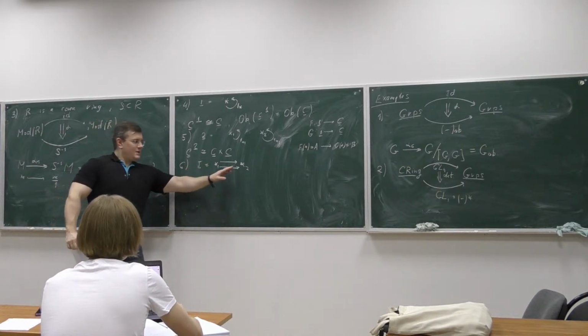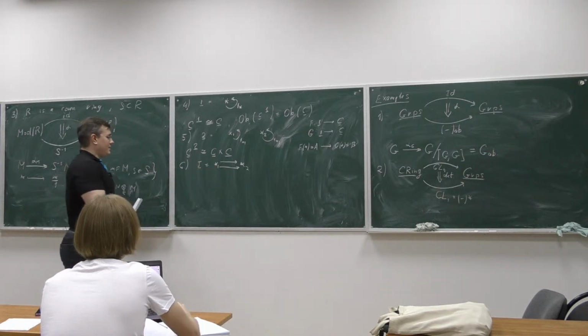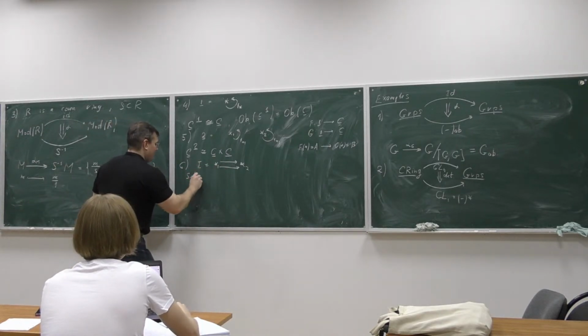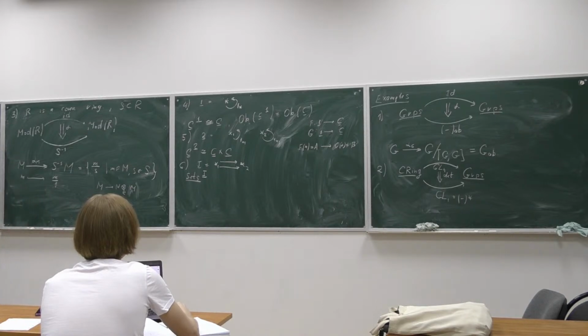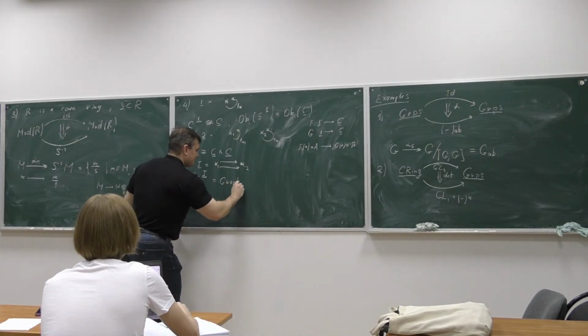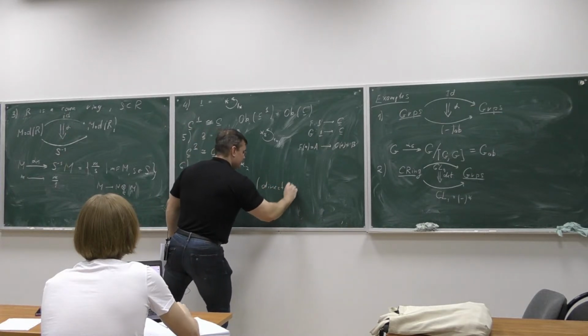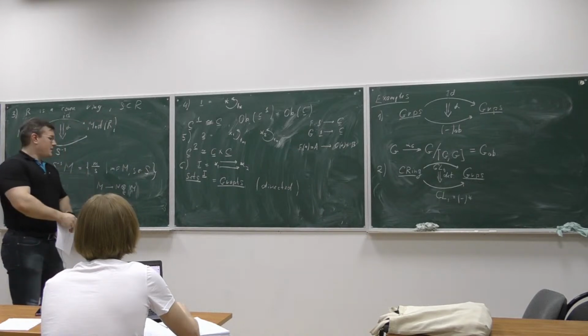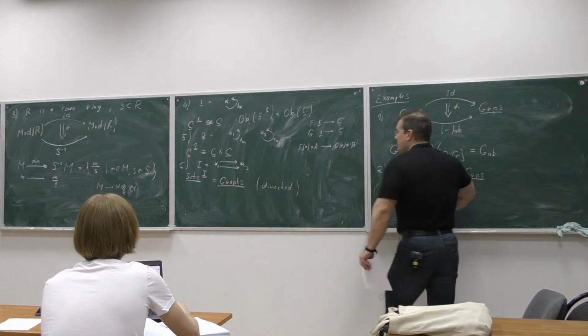There's identity here, but the non-trivial morphisms are these two. What is this category? This is exactly the category of graphs. Do you see why?